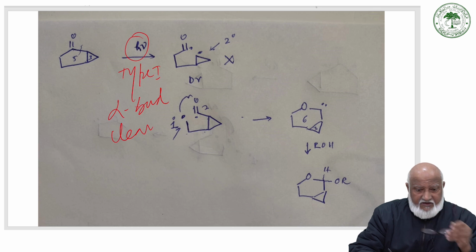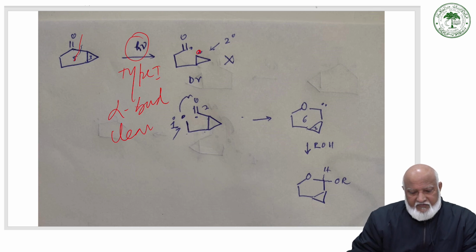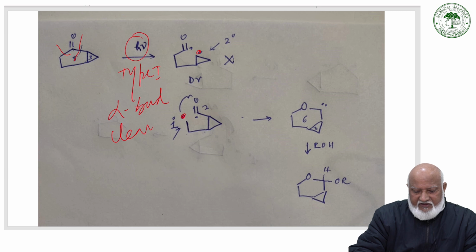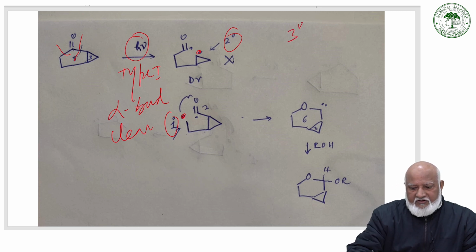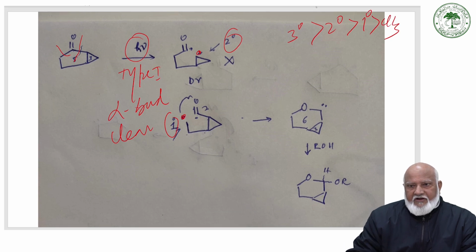If we cleave this, we end up with a radical on the cyclopropane ring, and if we cleave this, we end up with another radical. This is a primary radical, and this is a secondary radical. We know that the stability of the radical lies in the order: tertiary is more stable than secondary, which is more stable than primary, which is more stable than methyl radical.